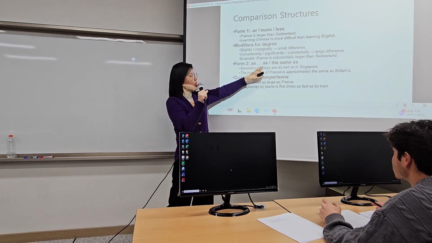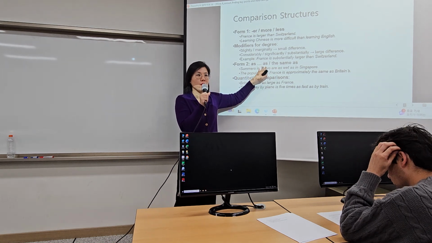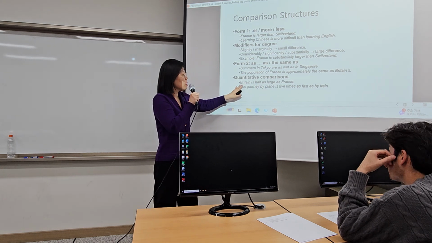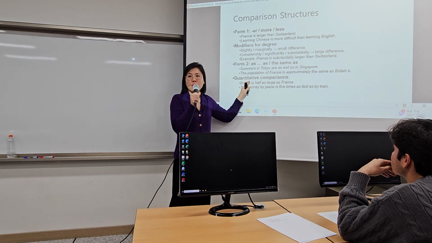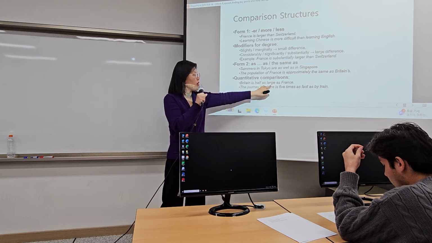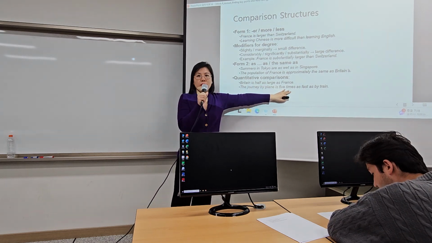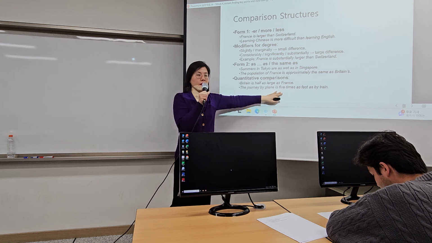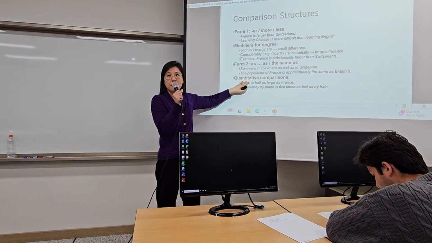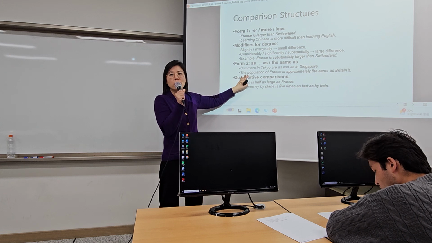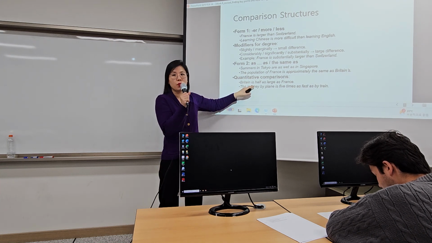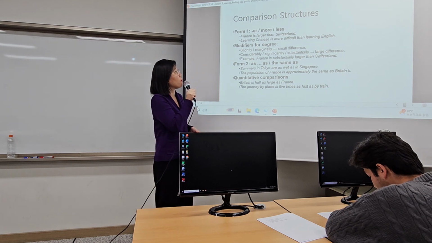With as... as, the same as, you're comparing on equal ground. And quantitative comparisons are used a lot, like half as large as France, or 5 times as big as the other thing. They are used a lot, especially if you write a statistics report. So getting familiar with these expressions is very useful.